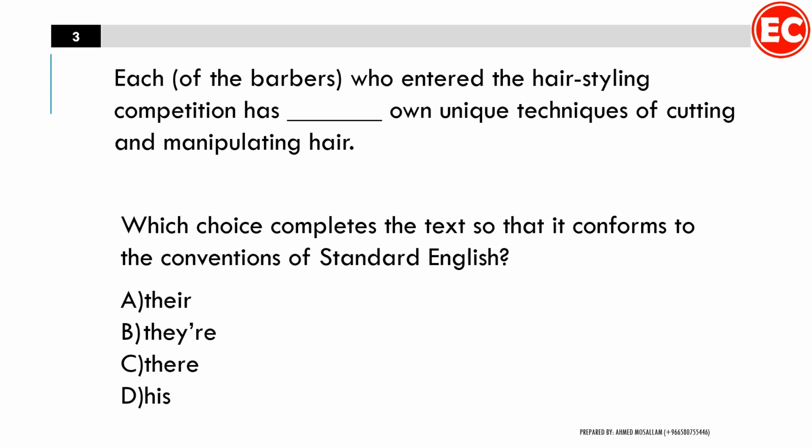Here, as you remember from subject-verb agreement, each is not affected by the prepositional phrase. Each is always what? Singular. So in that case, which pronoun here is singular? This is plural, and there is not even a subject or verb you can decide the verb with. This is the only pronoun which is singular.